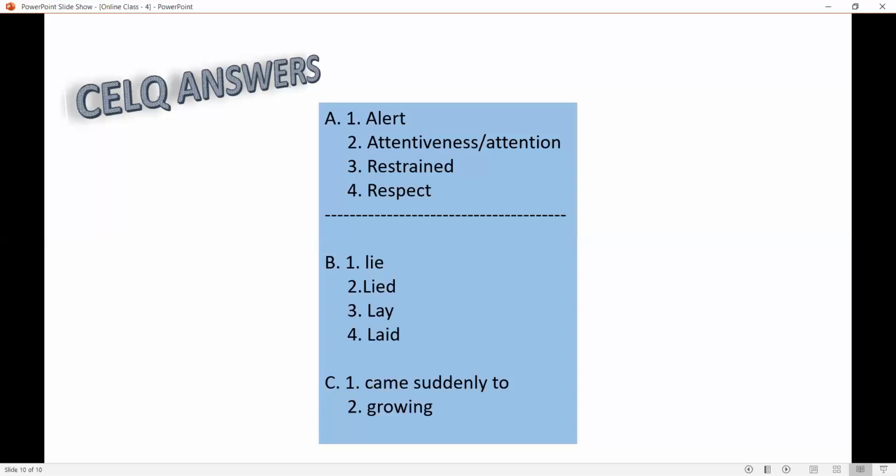Now, question C. When he said this, the real reason for his visit struck me. That means that came suddenly to. The real reason for his visit came suddenly to me. Second one was, he's an expert in the culture of mushrooms. Here, culture means growing. He's an expert in the growing of mushrooms.